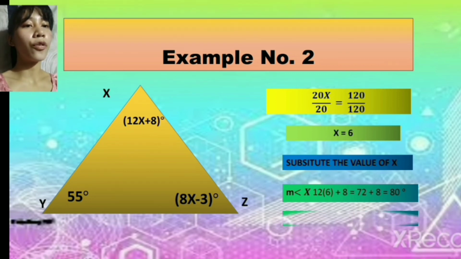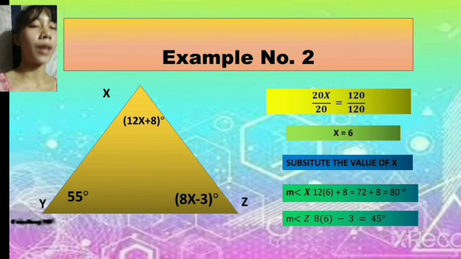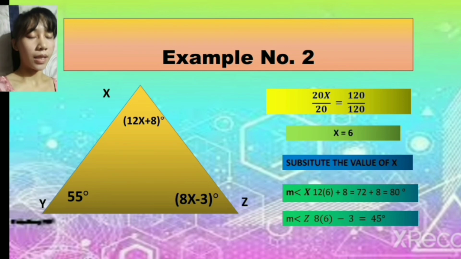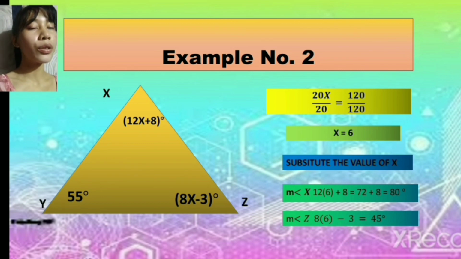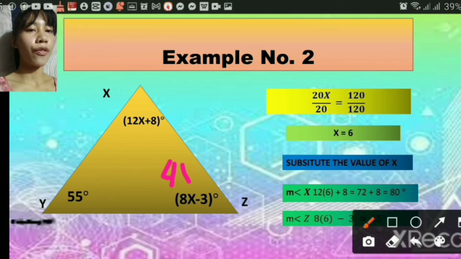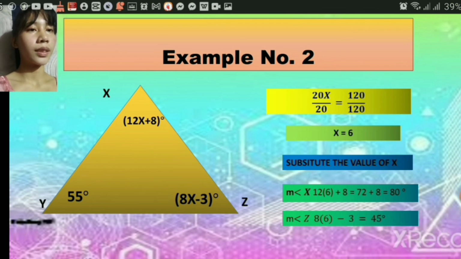Another one, to find the missing angle of Z. So measure of angle Z, substitute again, 8 times 6 minus 3 equals 45 degrees. So this angle is equal to 45 degrees.